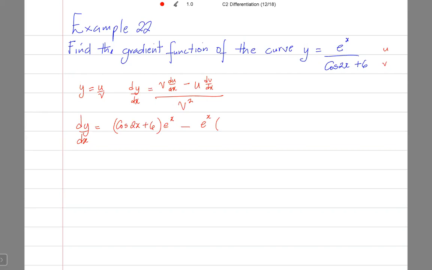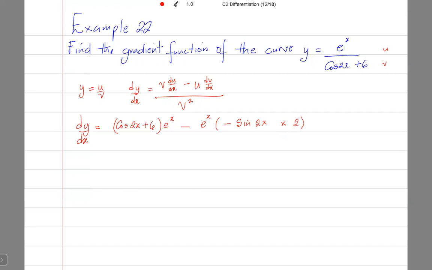So if I differentiate cos 2x plus 6, is it 2x plus 6 or 2x plus 6 in bracket? All right, let us work with it as we see it. So if I differentiate cos 2x plus 6, I'm going to end up with, differentiate cos to get sine, so this is minus sine 2x, and then you're going to multiply by the differential of the inside function, which is 2.